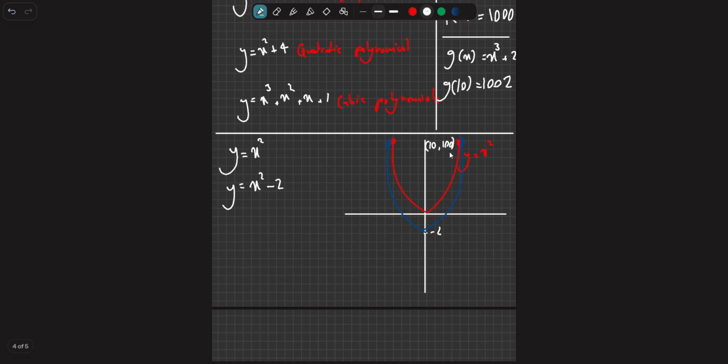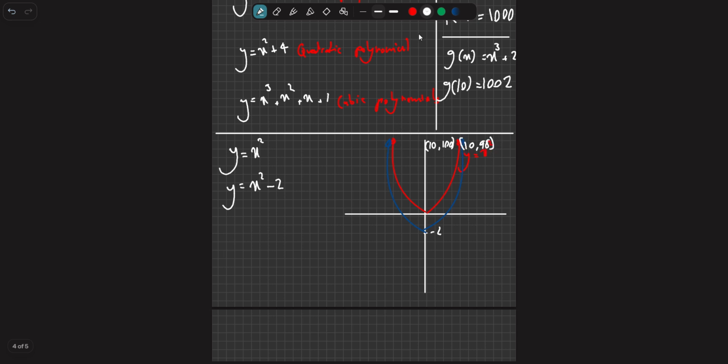So this is a coordinate when we sub in 10. And for our second polynomial, this one, the y equals x squared minus 2, when we sub in x equals 10, you can guess what we get. We get 100 minus 2, which is 98. Okay, so 10, 98. Sorry for the collision.